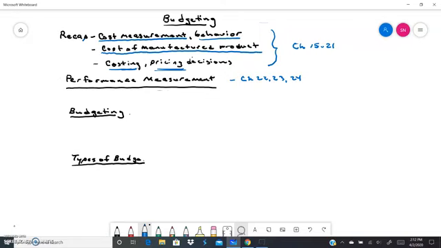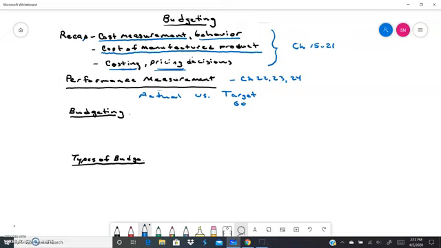So now what we're going to do is consider, once we know the cost of our product, how are we doing relative to what we would like to do? In other words, what are our actual costs versus our targeted costs or our goal?